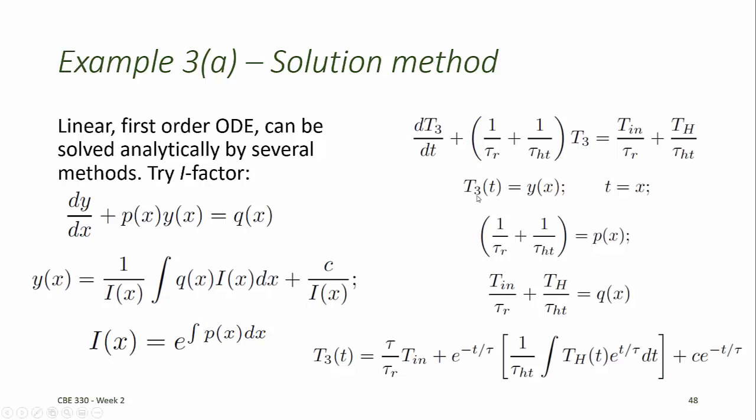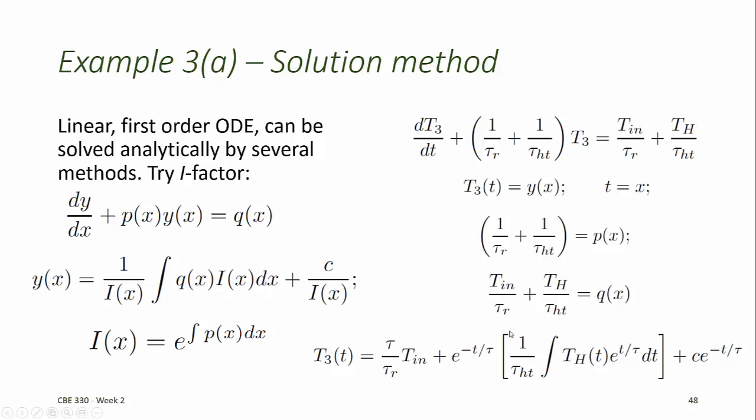If we call the independent variable t3 y and the dependent variable t x, then we recognize this term in parentheses as the coefficient function p of x and the term on the right-hand side as the forcing function q of x. Then we can find the solution using the I factor method. We first need to find the I factor, or the integrating factor, which is e to the integral of px dx.